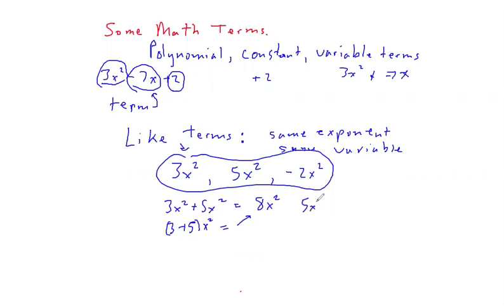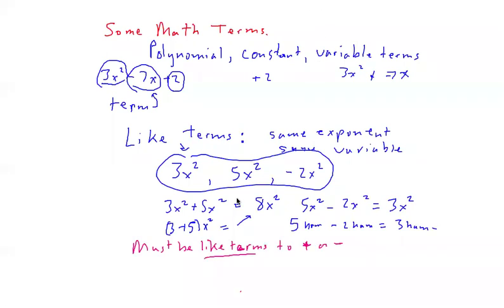Or 5x squared minus 2x squared: 5 x squareds minus 2 x squareds is 3 x squareds. It's just like saying 5 hamburgers minus 2 hamburgers is 3 hamburgers. It's just the same idea. They must be like terms to add or subtract. Otherwise, you can't add or subtract them.